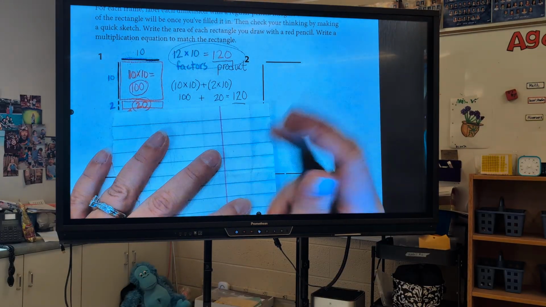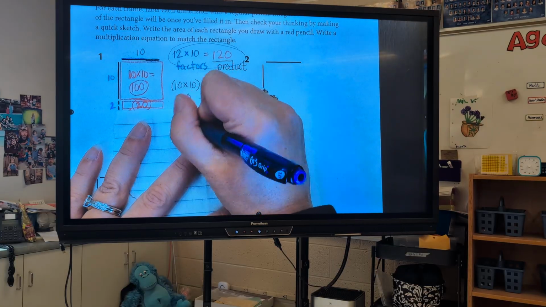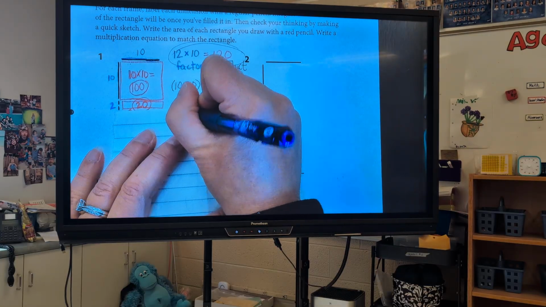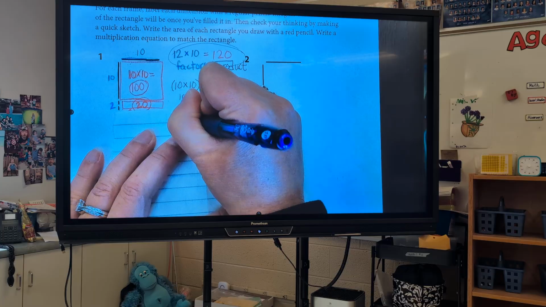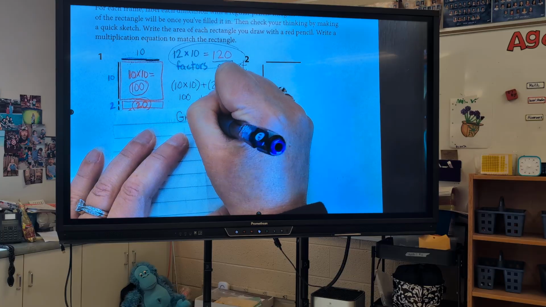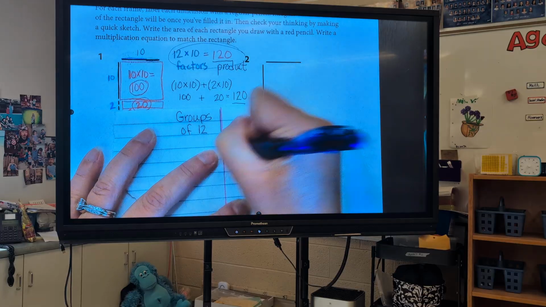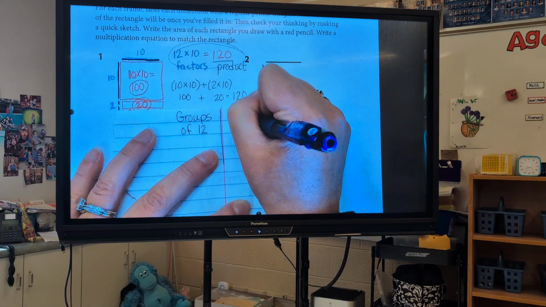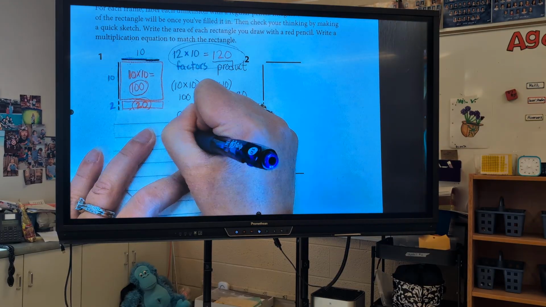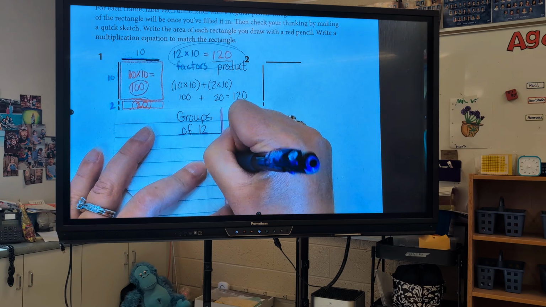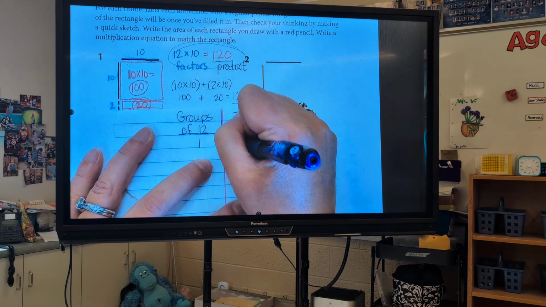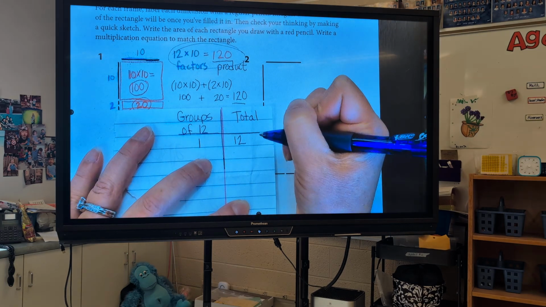So let's say I have how many groups on this side. So groups of 12, and I have the total amount on this side. Well, if I just have one group of 12, I obviously just have 12.